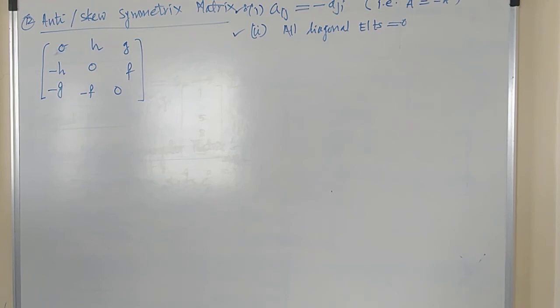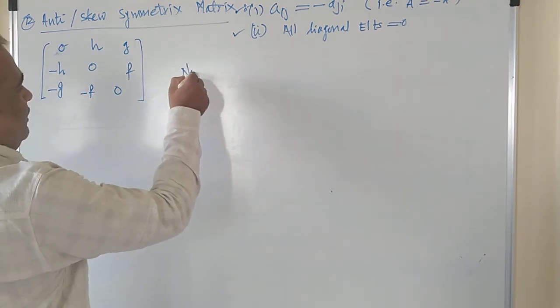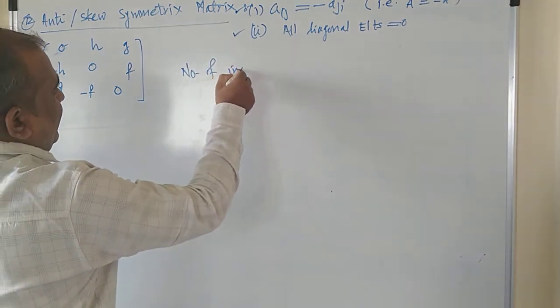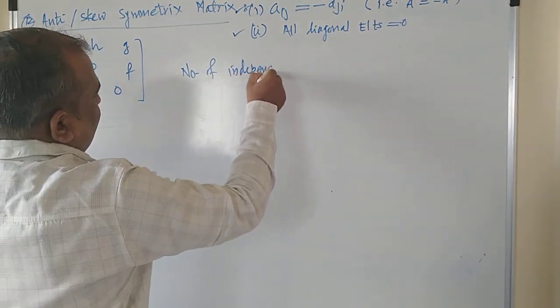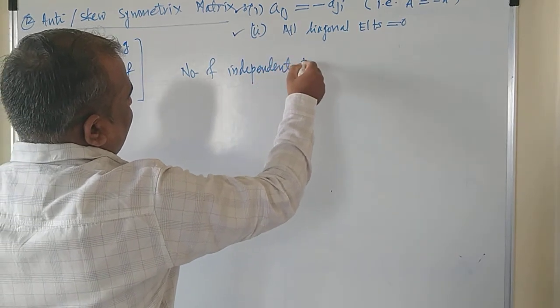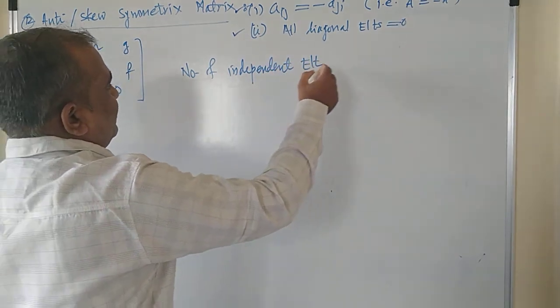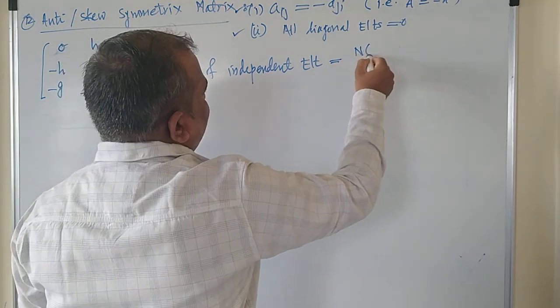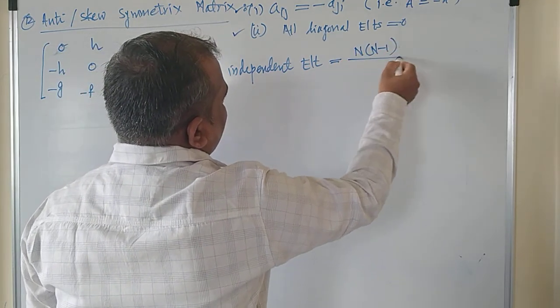And the very important point for this is not a condition, but an important topic of the skew symmetric matrix: the number of independent elements of this kind of matrices is equal to n into n minus 1 by 2.